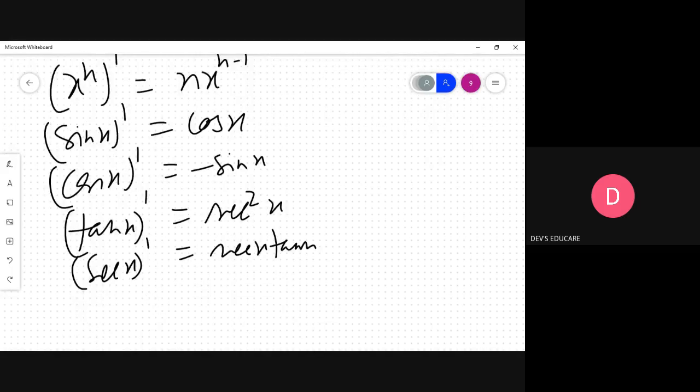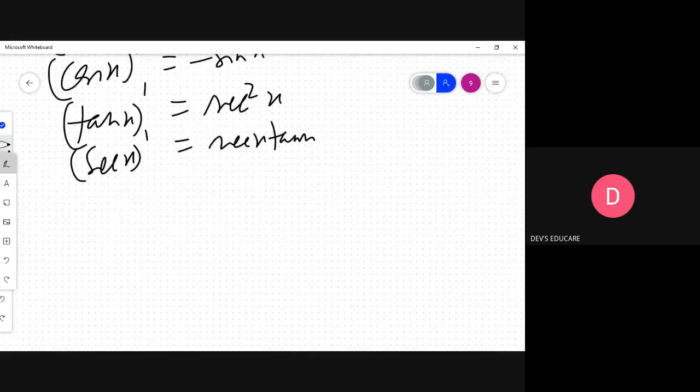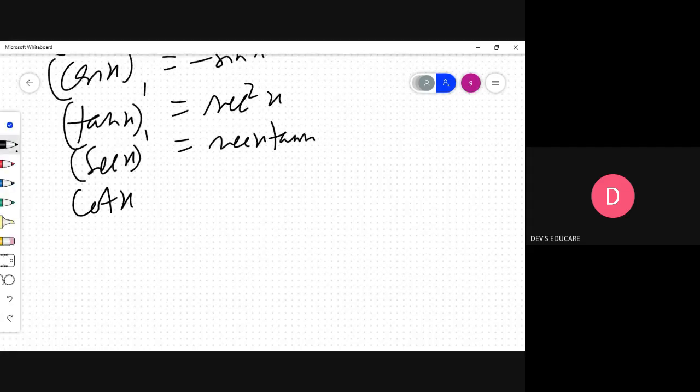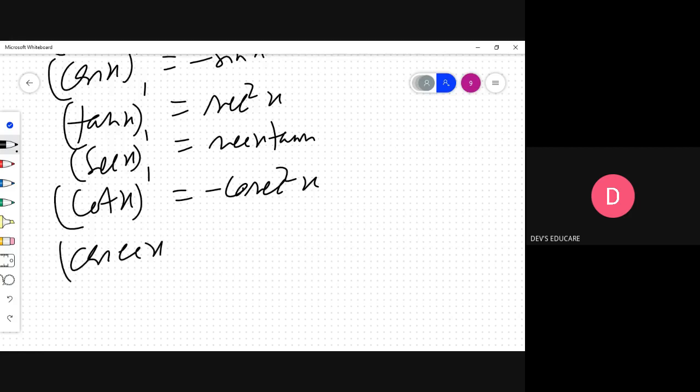Derivative of cot x is minus cosec square x. Derivative of cosec x is minus cosec x cot x.